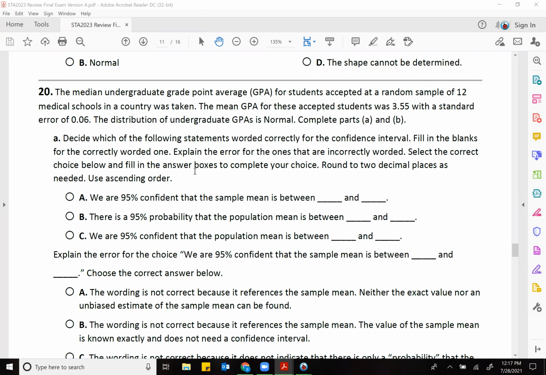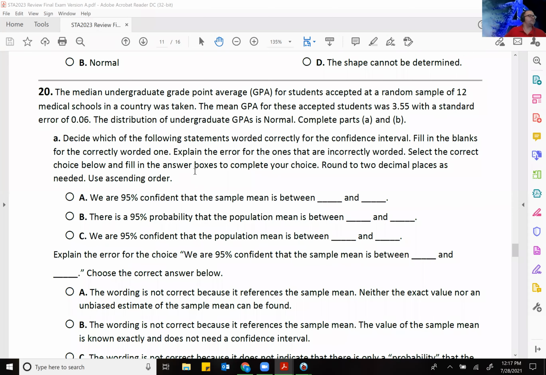So would we take the mean GPA, the 3.55, and just add the 0.06 until we get to like the two standard deviations, and subtract it? Mhm. So remember that we had a formula for this, finding it by hand, which was really quick and easy.